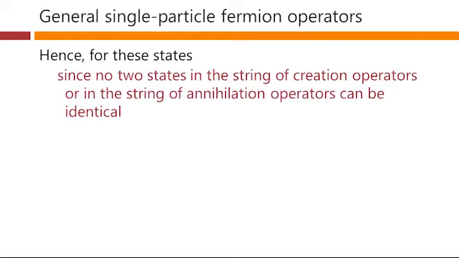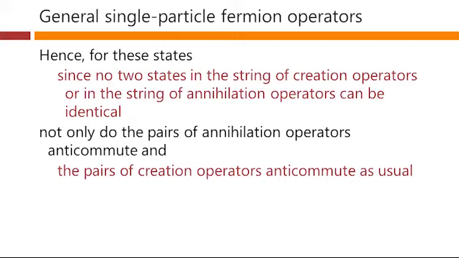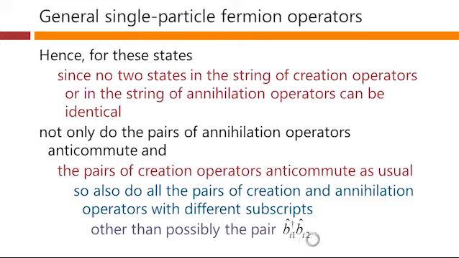Hence, for these states, since no two states in the string of creation operators or in the string of annihilation operators can be identical, not only do the pairs of annihilation operators anti-commute and the pairs of creation operators anti-commute as usual, so also do the pairs of creation and annihilation operators with different subscripts, other than possibly this one pair here.